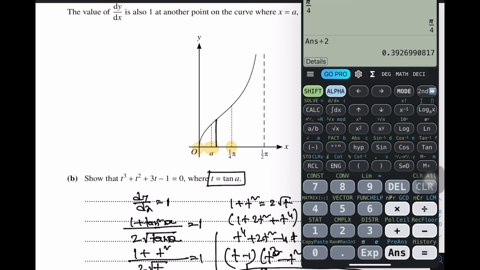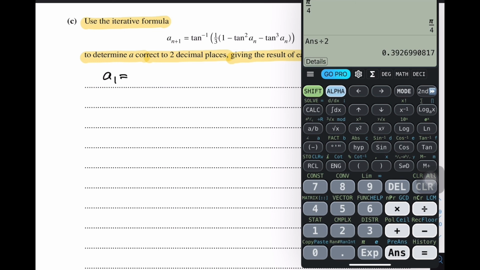Let me consider that initial value is 0.39, a1 equals to 0.3926990817.